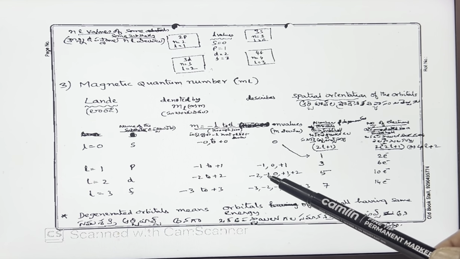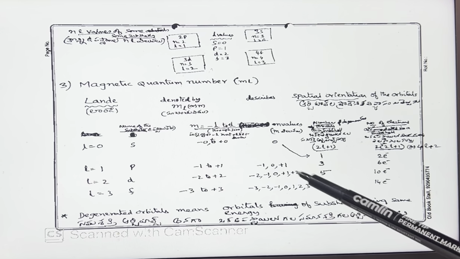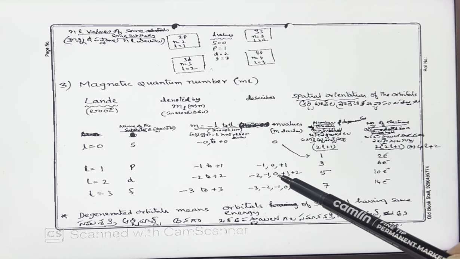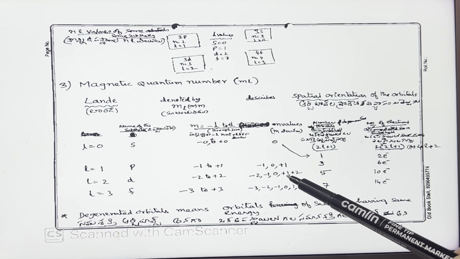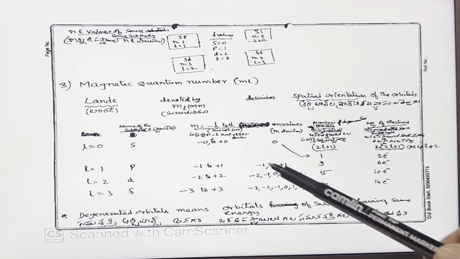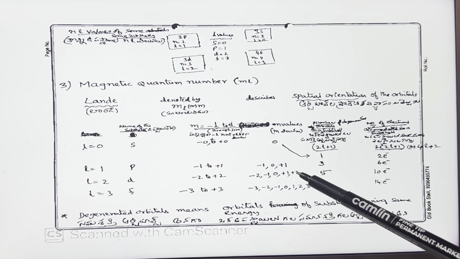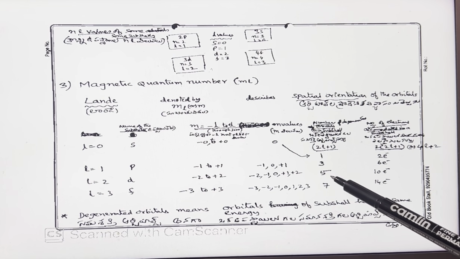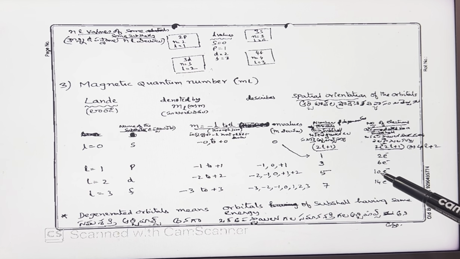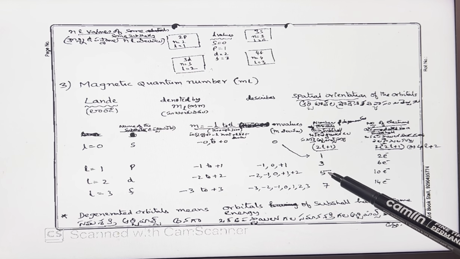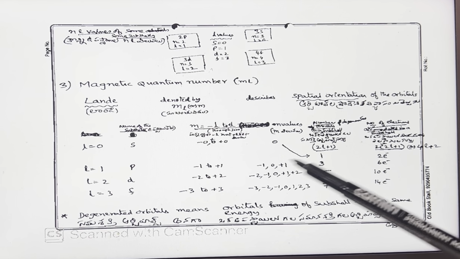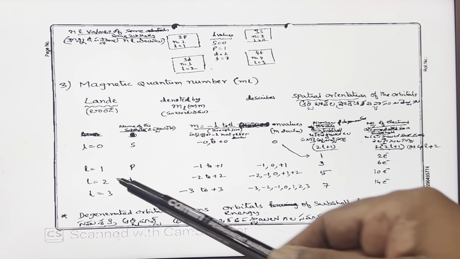Total 5 values, so there are 5 orbitals: dxy, dyz, dzx, dx square minus y square, and dz square. Each orbital can accommodate 2 electrons, so a total of 10 electrons can be accommodated by the 5 d orbitals in the d subshell, whose l value is 2.